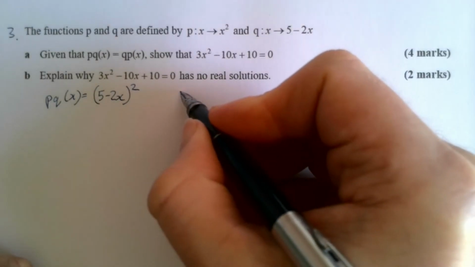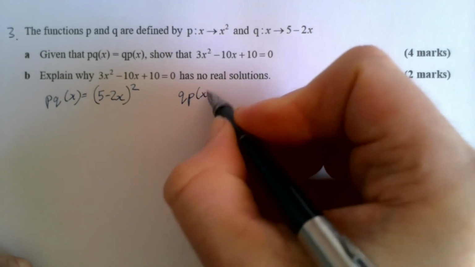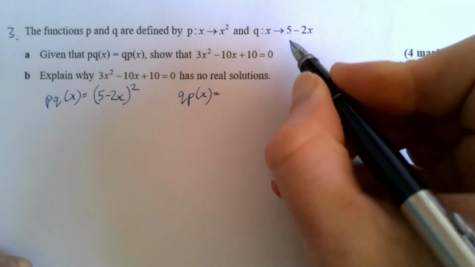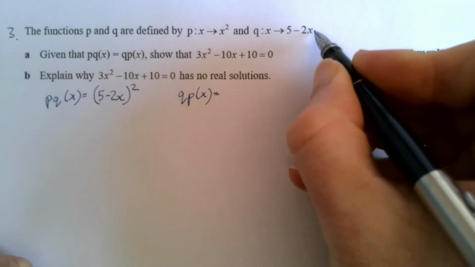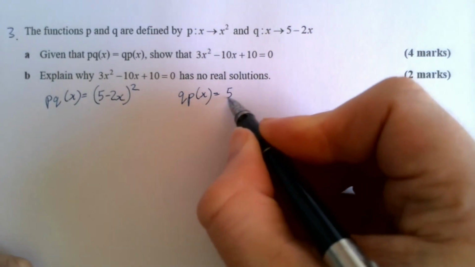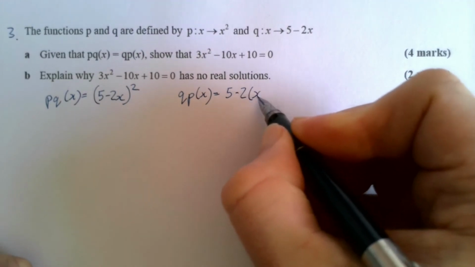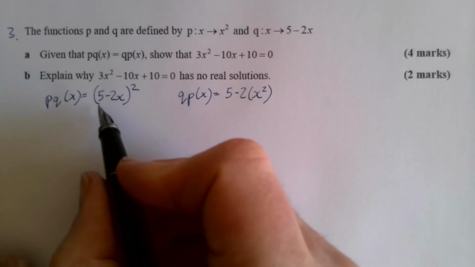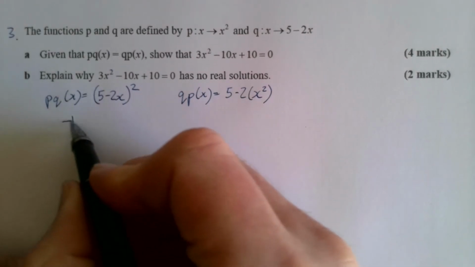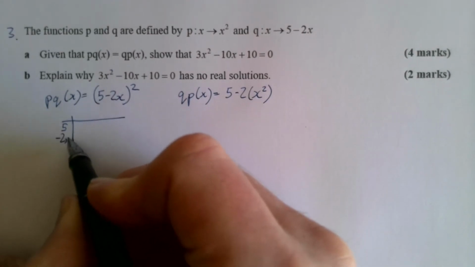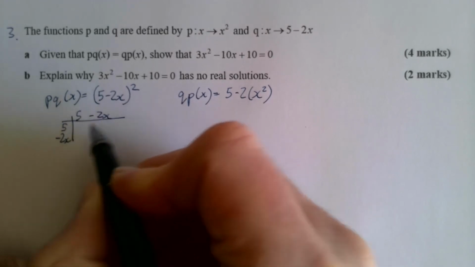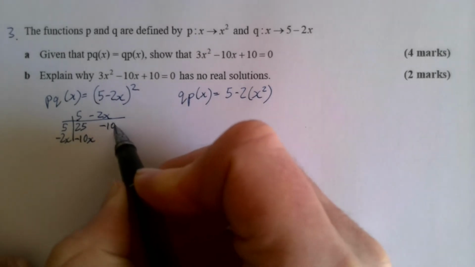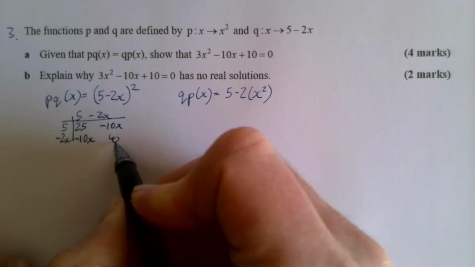And for the QPX, it goes through P, it comes out as x squared, so x squared needs to go in instead of x into here, so 5 minus 2, and I normally put a bracket there to show what it is that I'm putting in. Then you'll need to expand 5 take 2x to give you 25, negative 10x plus 4x squared.